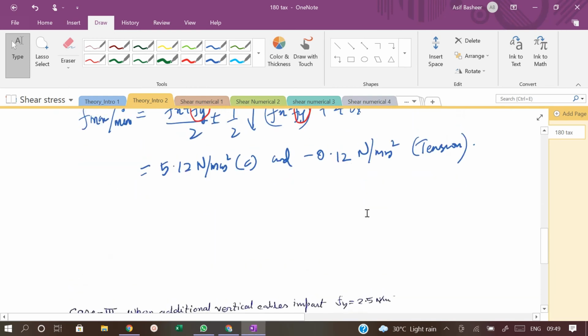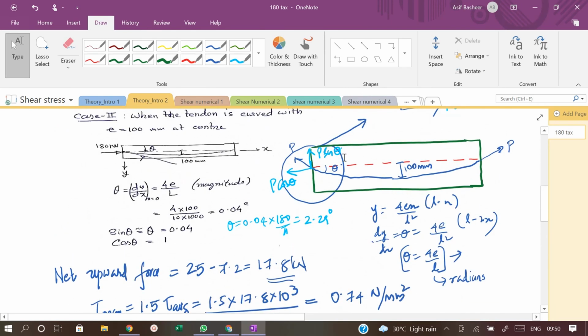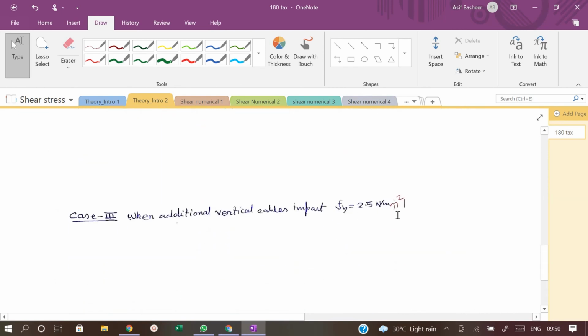Okay, so now the third one, that is when an additional vertical cable imparts a Fy, that is a vertical pre-stressing force of 2.5 Newton per mm square. So you have an additional vertical pre-stressing force of 2.5 Newton per mm square. Now what happens? To this same member I am applying an additional vertical pre-stressing force in the form of stirrups, such that there is an extra 2.5 Newton per mm square.